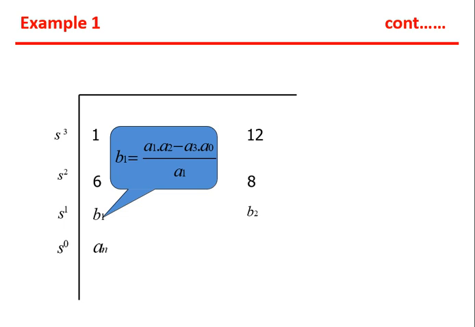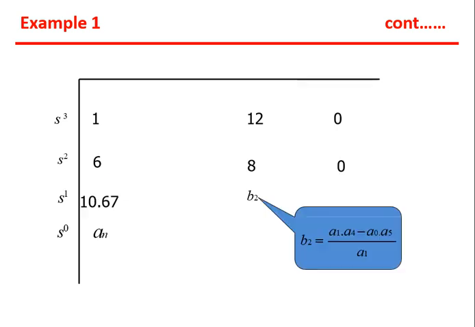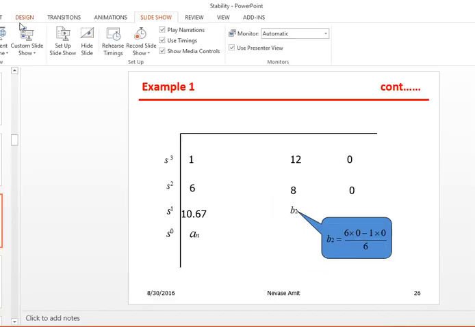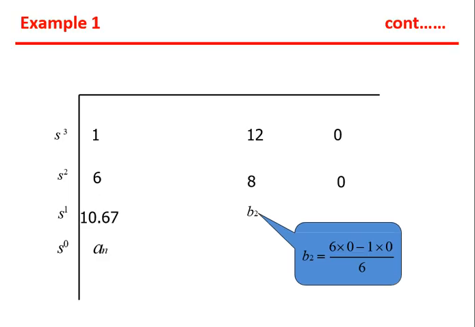So let's see the calculation of B2. Now let's see how to calculate this B2. B2 will be what? 6 into 0, minus 1 into 0, divided by this 6.